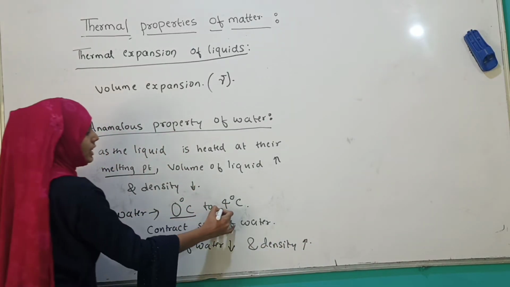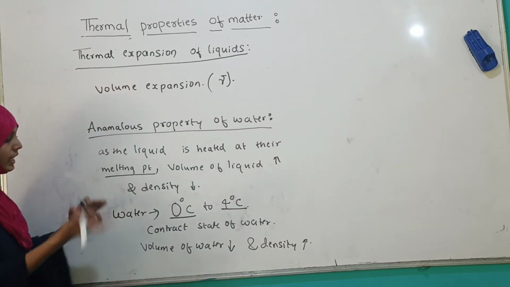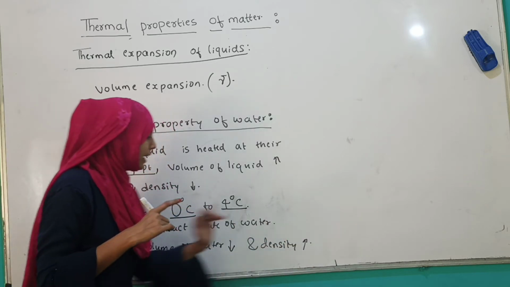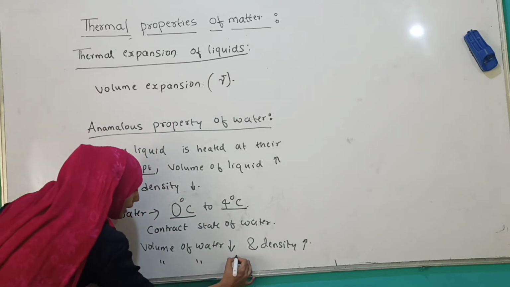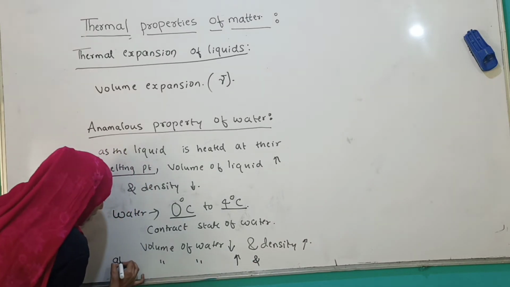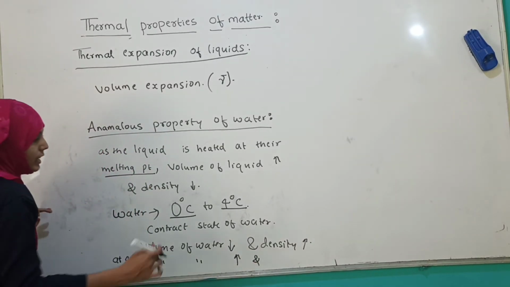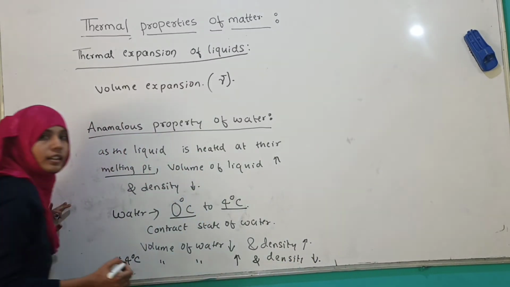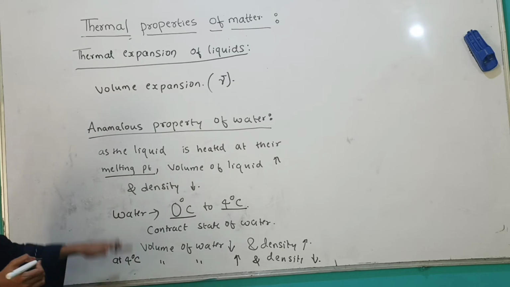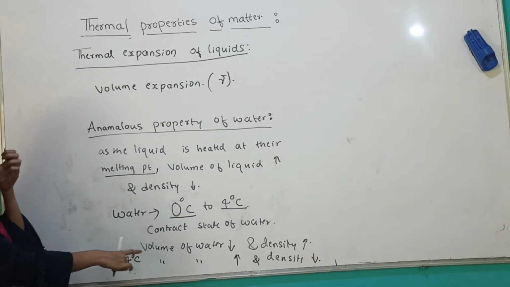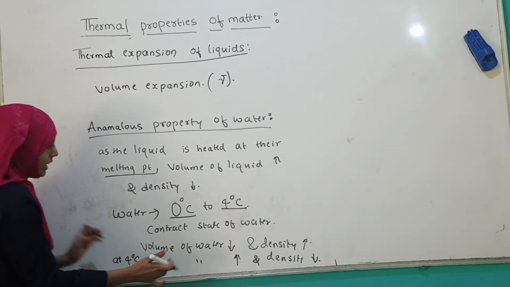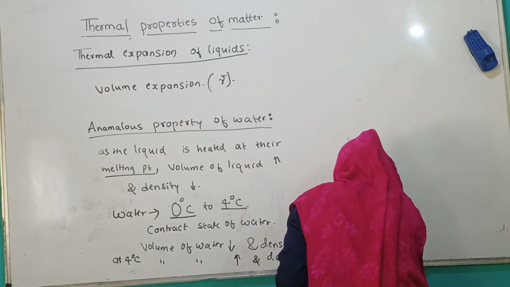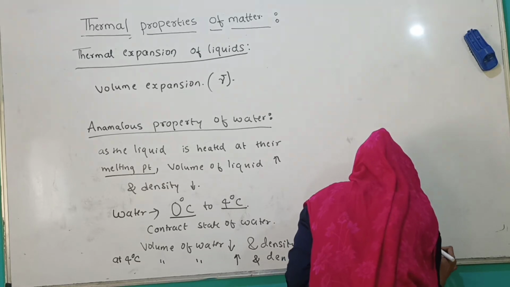After reaching 4 degrees Celsius, the volume of water increases and density decreases. It acts like a normal liquid. And this state is called the expansion state of water.